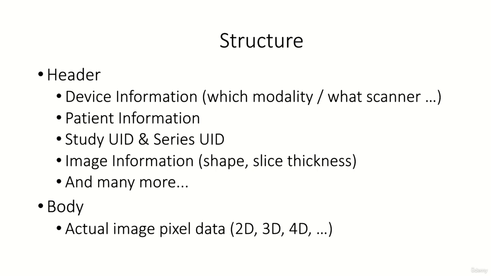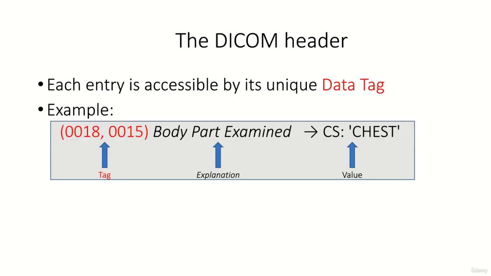So, let's take a look at an example header in more detail. Each entry in the DICOM header is accessible by its unique data tag. This allows automatic extraction of desired pieces of information like the age of a patient. All header entries follow the same structure.